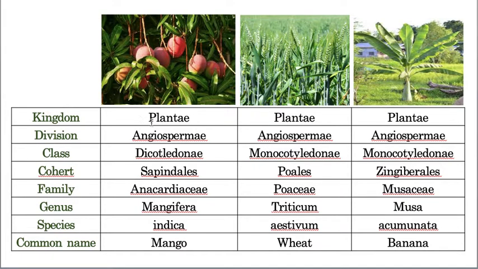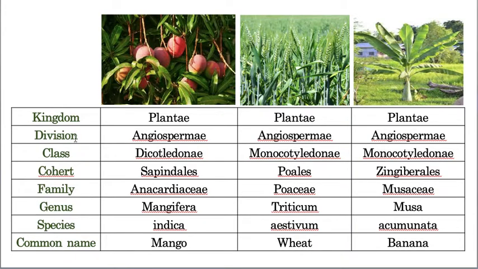Now kingdom is Plantae. Under it, it has a division, that means phylum, Angiosperms, and class is Dicotyledons, and order is Sapindales, and also family and genus. So the family is Anacardiaceae, and genus Mangifera. Species is indica, and common name is mango.